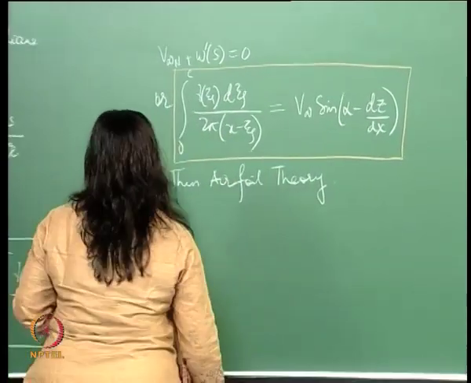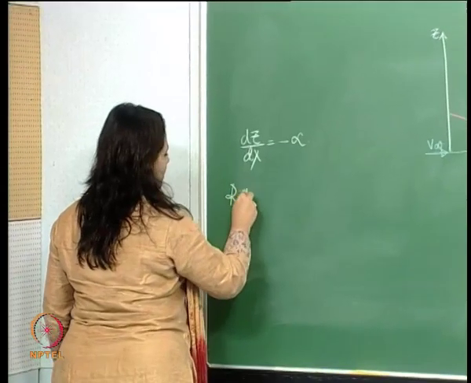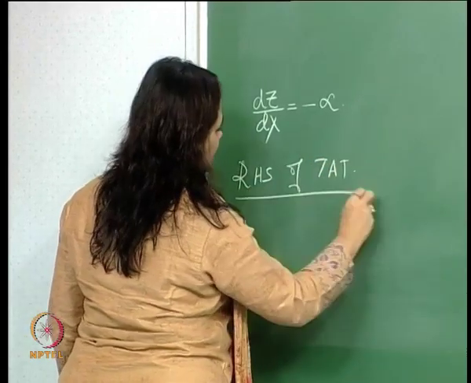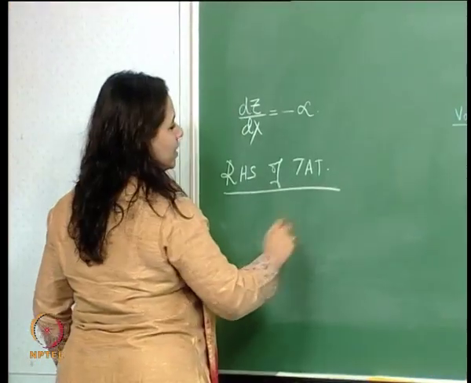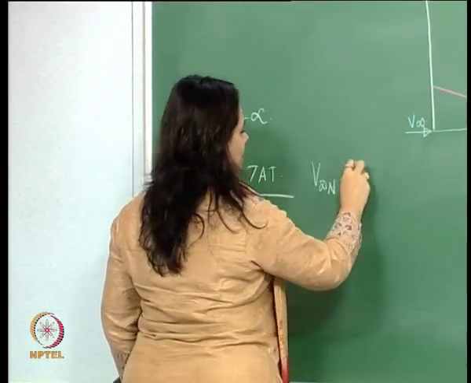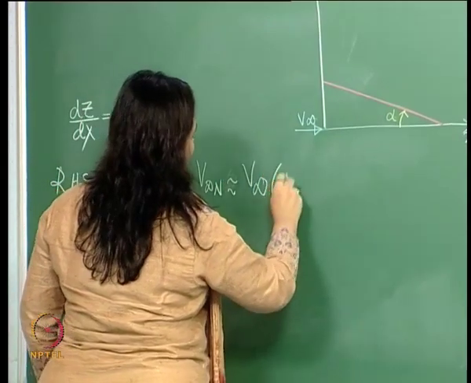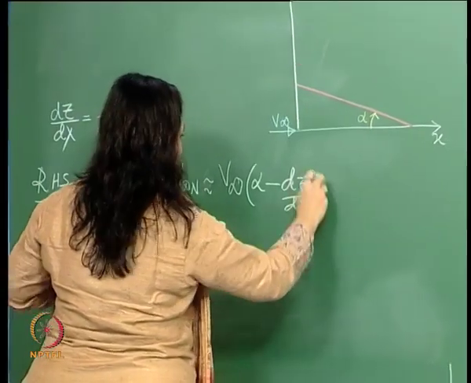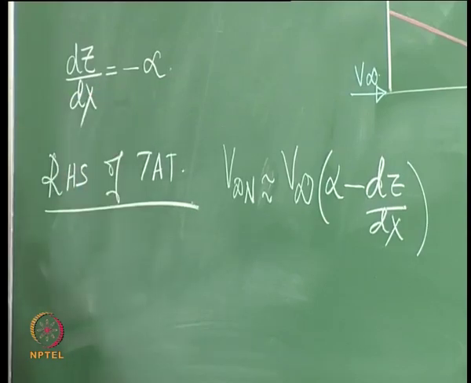So, using the right hand side of the statement of thin airfoil theory, the way we would write that is essentially this. And in this particular case, dz by dx is minus alpha.